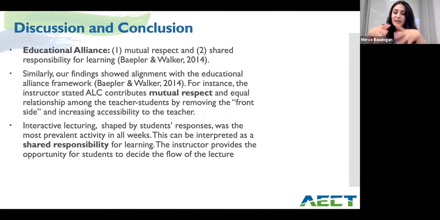The first one is breaking down the hierarchies. The second one is fostering greater affinity among students. Therefore, from the mutual respect and shared responsibility, we can see the breakdown of these hierarchies and mutual responsibility for learning in these active learning settings.